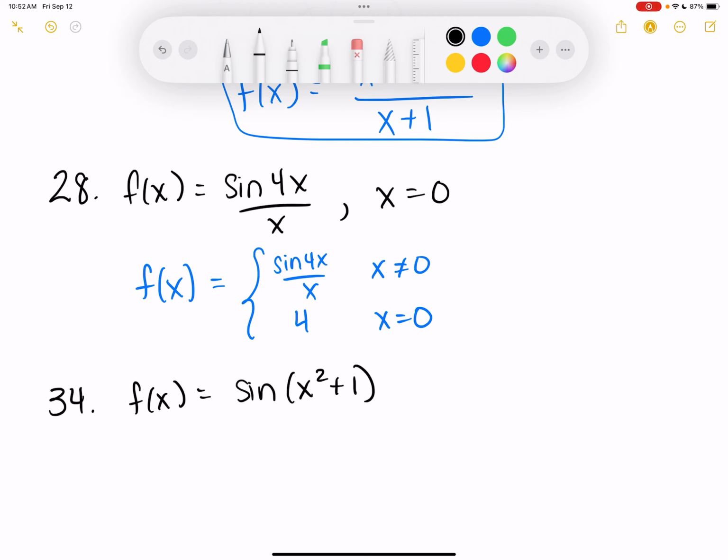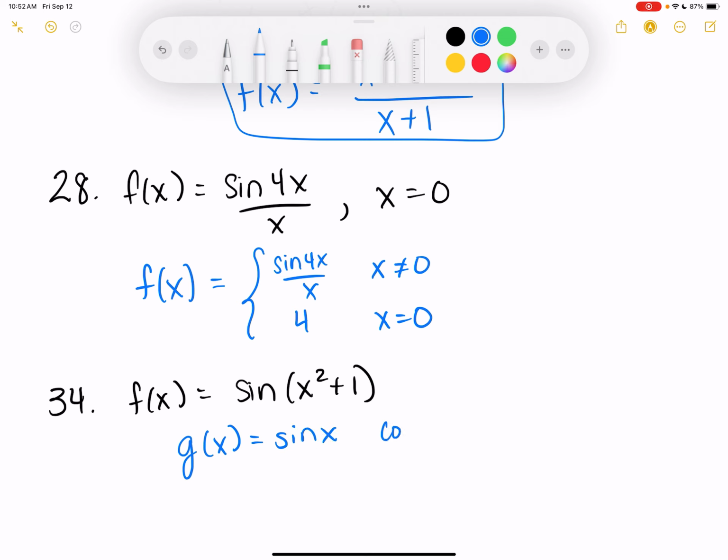Now, we know what the sine graph roughly looks like, and we know that sine overall is a continuous function, right? It keeps on going. But I can prove that with this theorem. So if I let g of x be equal to the sine of x, well, we know that's continuous.